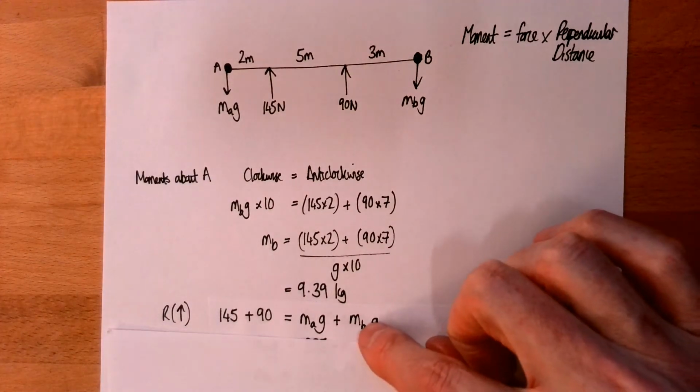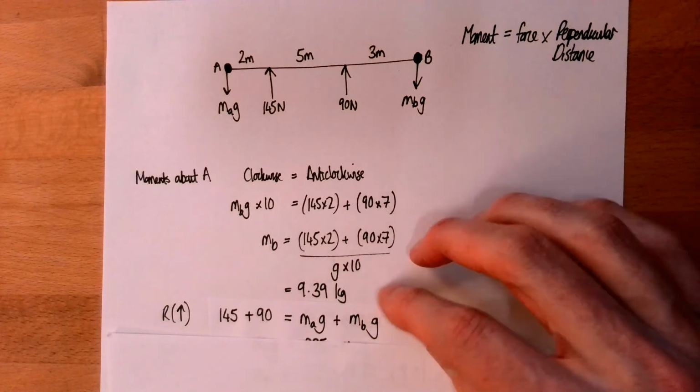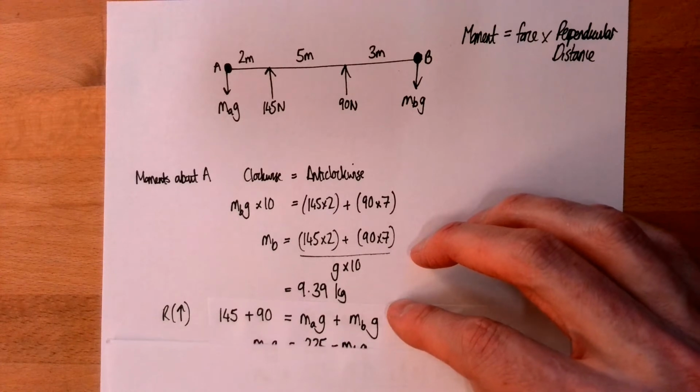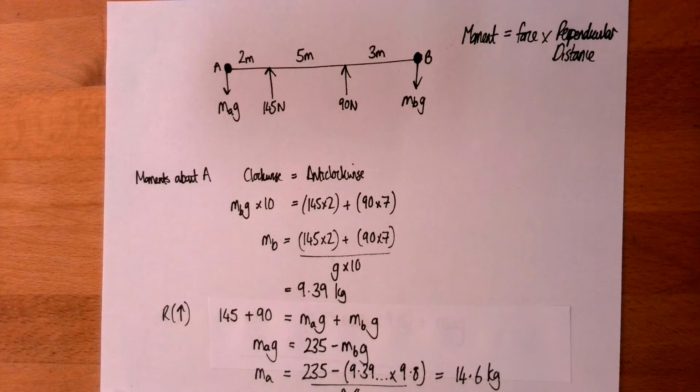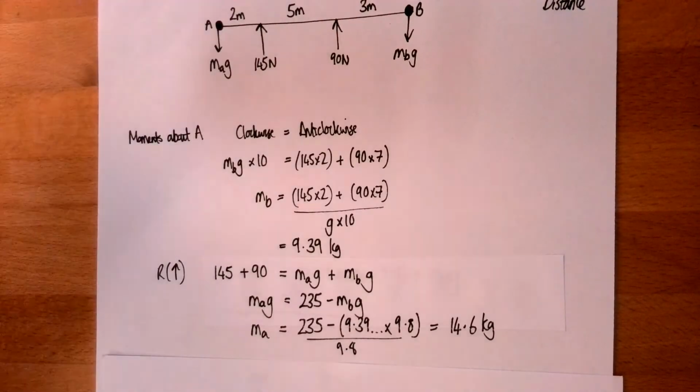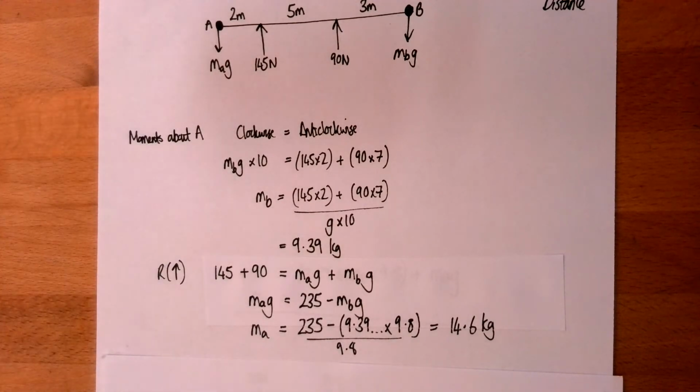And I know what MB is, I've just worked it out, it's 9.39, although I've got an exact value stored. And so I get a value for MA. So that's the sort of problem that we were solving with moments.